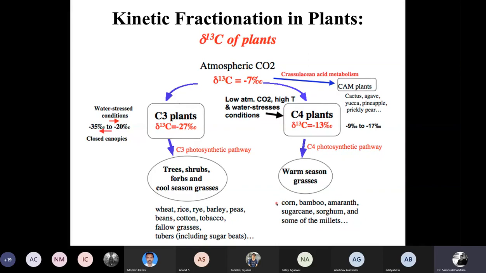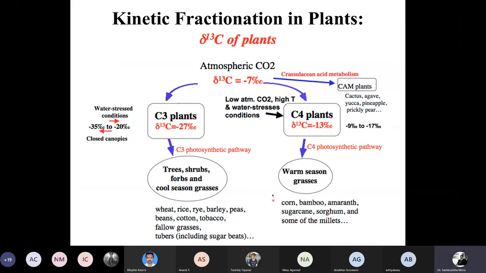Why? Because this will help us understand how we can use isotopes to assess the purity of honey, the purity of alcohol, because honey has to be sourced purely from C3 plants. It has to come from flowers of trees.